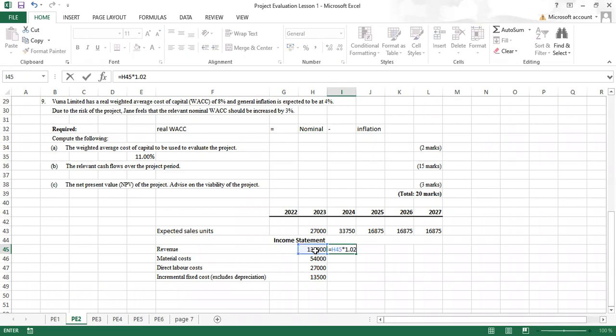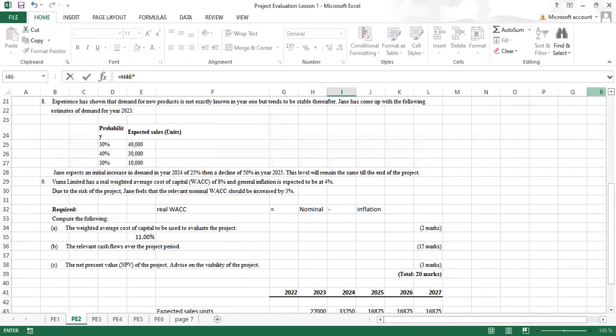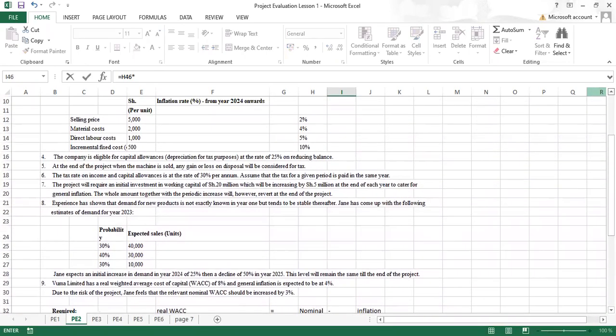The growth in inflation is 0.02. And then the material cost equals this one times, what was it? Times 4, so it will be 1.04.